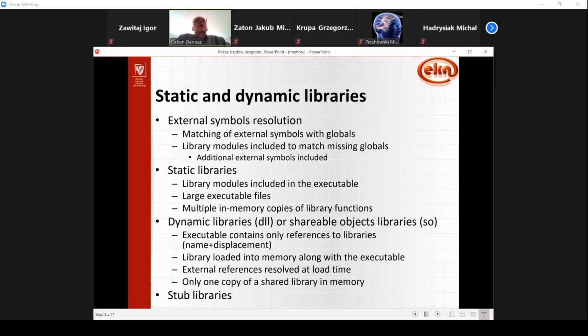Instead, the operating system or some other package will have to be installed with the dynamic library. And that means that the upgrades of software are not connected with upgrades of the libraries.